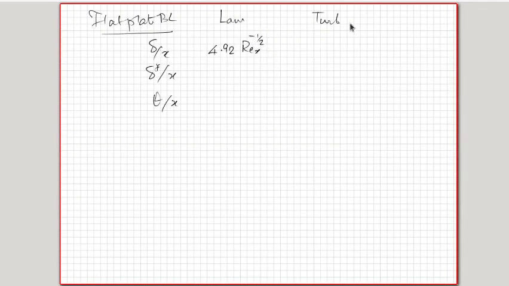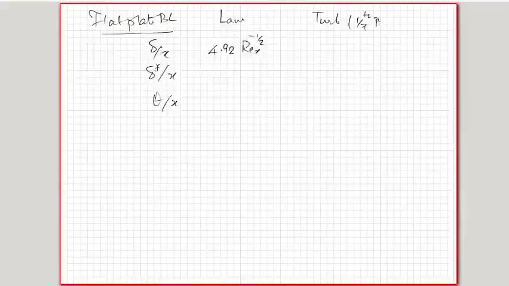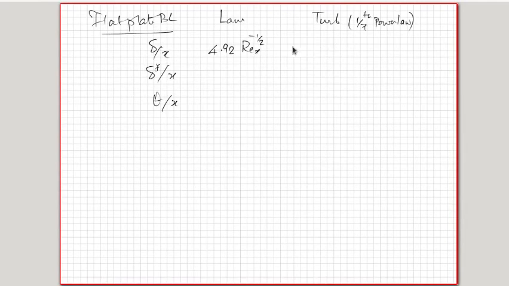And from the 1/7 power law, the turbulent boundary layer actually does not have an analytical profile. It has only experimental data fitted. So you can use different turbulent boundary layer profiles and you will get different constants. I'm writing it for the 1/7 power law. So this is not an analytical solution, but it is reasonably close.